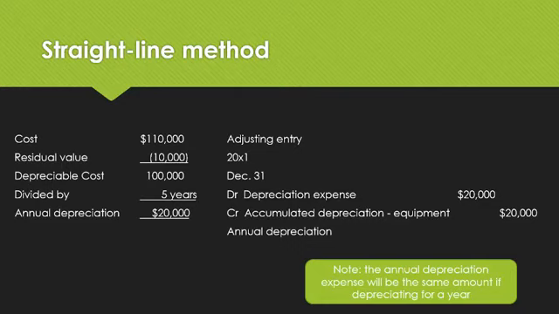Take note that the annual depreciation expense will be the same if depreciating for a year. Because we purchased it at the beginning of the year, 1st January, to 31st December, that is 1 year, $20,000 for year 20x1. For year 20x2, it will be the same until it reaches 20x5.